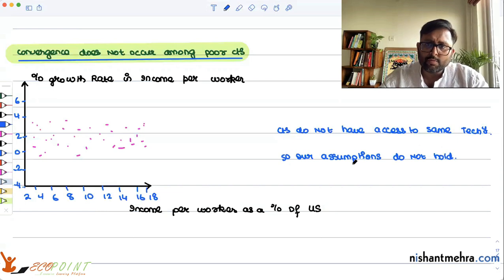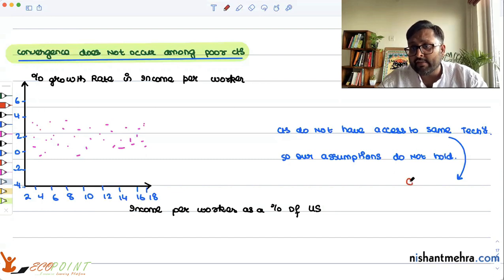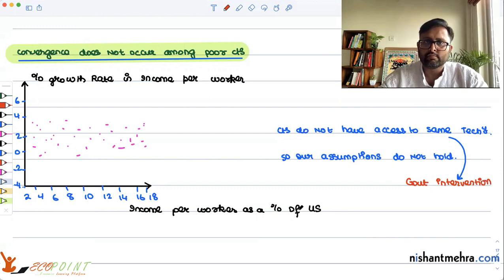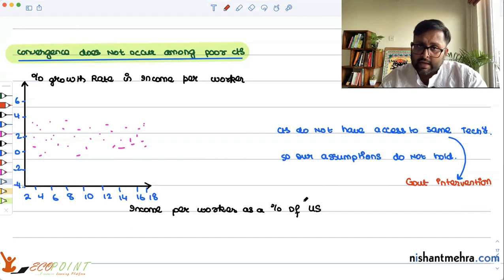The main reason could be government intervention. How is government intervention going to create a problem in access to technology? Government intervention may have created labor unions.